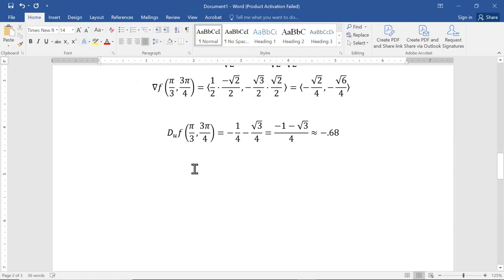I won't graph this one, but hopefully you got what's going on from the previous examples. Again, change in z is about negative 0.68 if you're at this point and moving in direction of u.